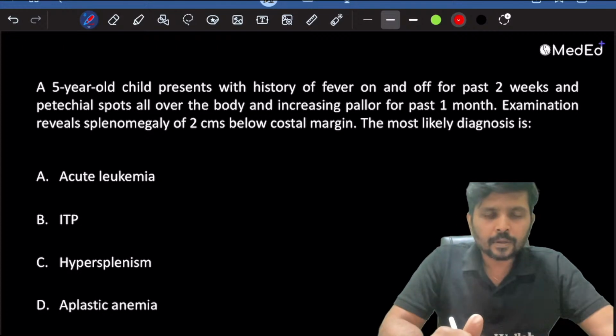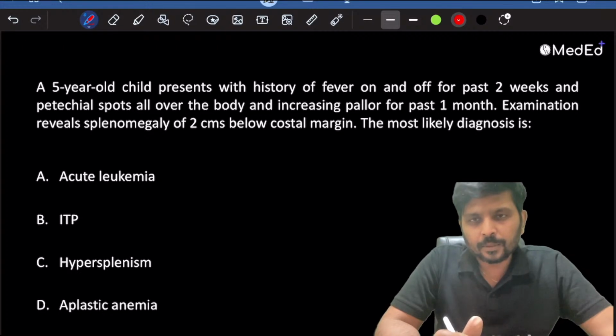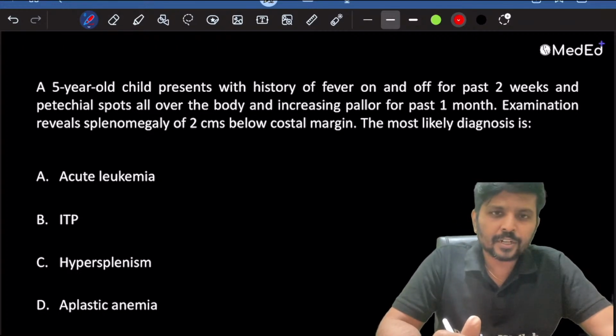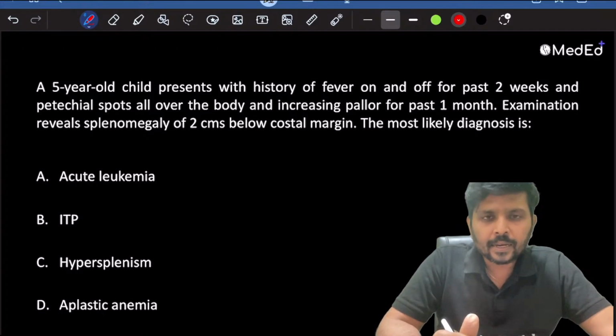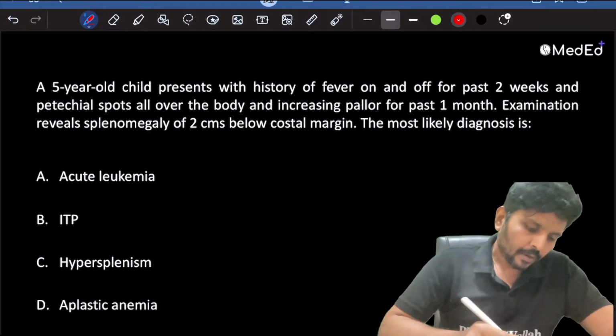Next, a 5-year-old child presents with a history of fever on and off for the past 2 weeks, petechial spots all over the body, and increasing pallor for the past 1 month. Examination revealed splenomegaly of 2 centimeters below the margin. The most likely diagnosis is.